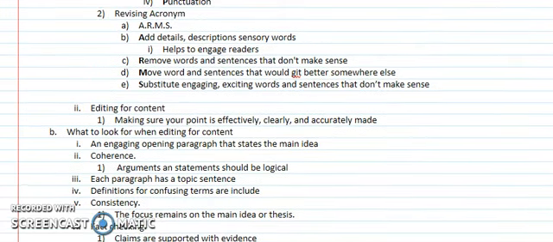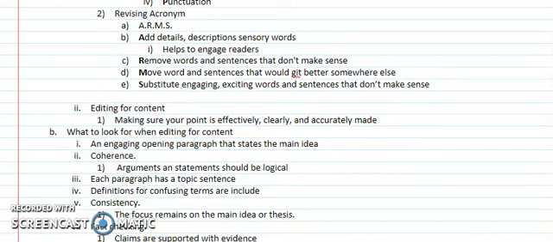The revising acronym will be ARMS, and that is a way to help you remember how to revise. You have to add details, remove the words or sentences that don't make sense, move words and sentences that would get better somewhere else, and substitute engaging, exciting words for words and sentences that don't make sense.